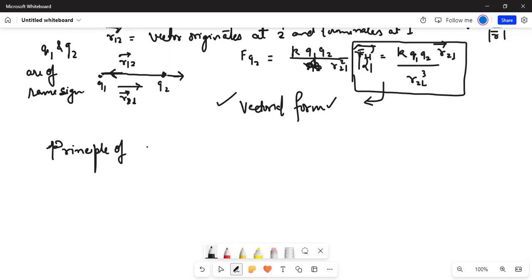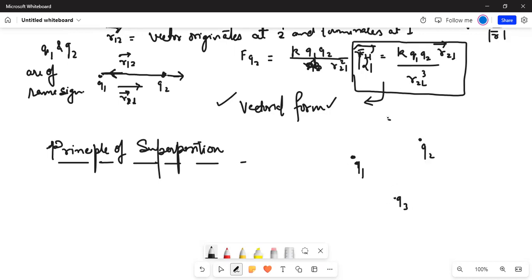You should remember that this particular principle is one of the experimental facts. What does it mean? Let's say you have this charge Q1 here, this charge Q2 here, this charge Q3 here, and Q4 here, and there are n charges.